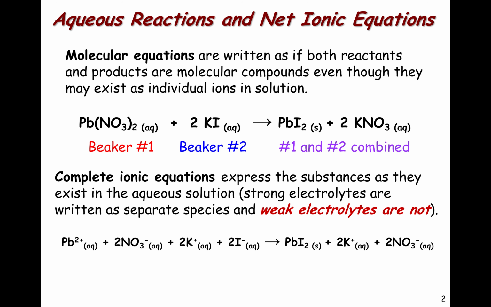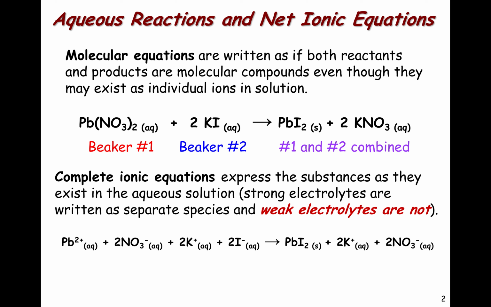So, for example, since lead nitrate is an ionic compound that is very soluble in water, we would now write this formula as the lead 2 plus ion, aq, and since there were 2 nitrates in the formula, we also have to write in the complete ionic reaction the 2 nitrates with the stoichiometric coefficient in front of the nitrate.